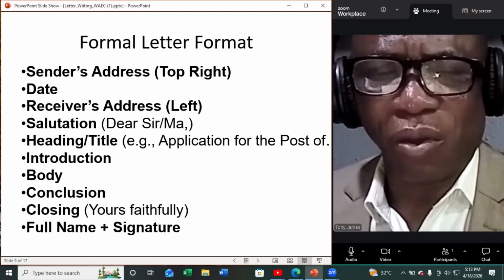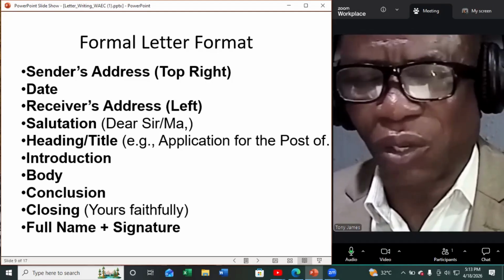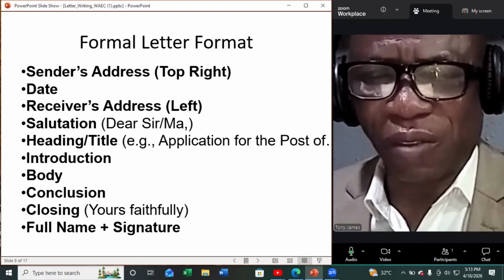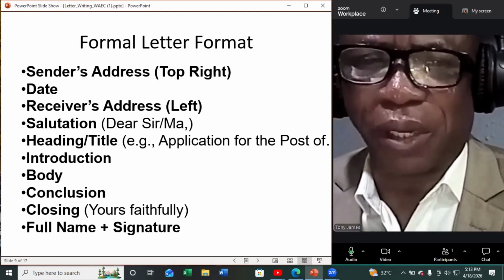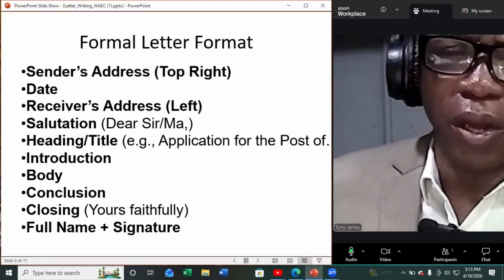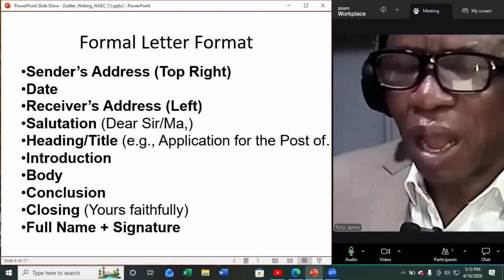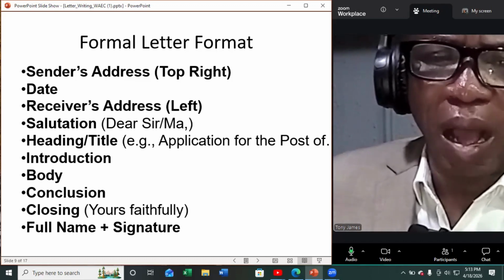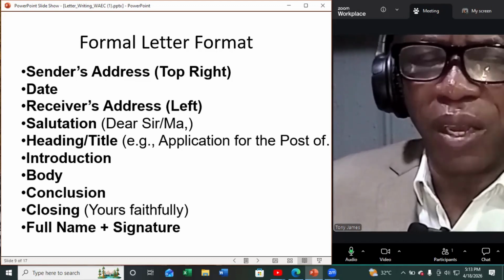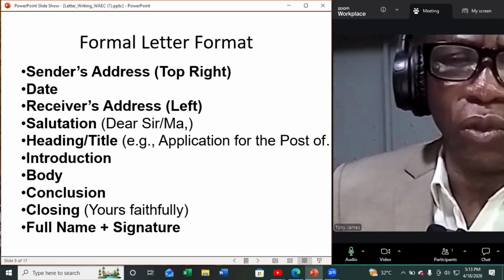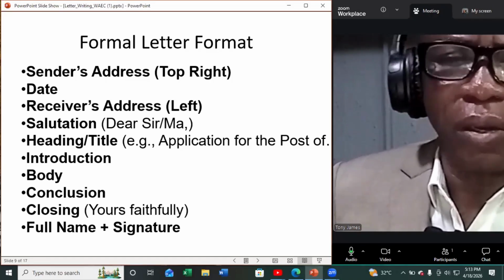Your need, or what you want from the organization or from the receiver, you start it right from the introduction. Go straight to the point. Because it's a business letter, it's assumed that the businessman has no time to read many things. Or perhaps you are writing a letter of application.